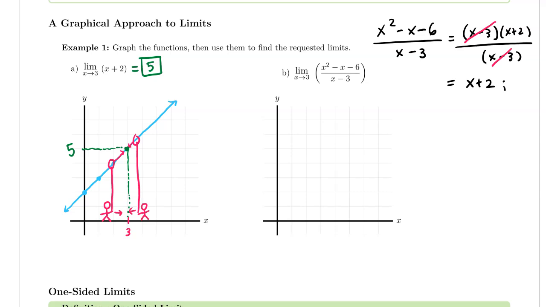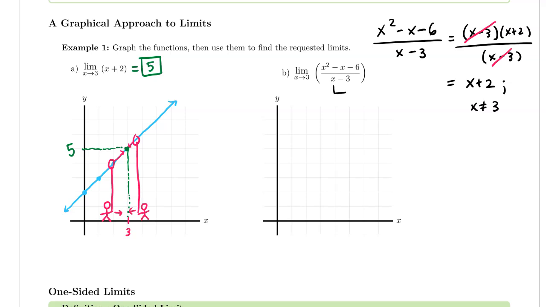Although something that's really important to note is that, in order for these functions to be equal, they must have the same domain. And so we can't say that they're equal unless we make the caveat that x cannot equal 3, because that x value of 3 was not included in the domain of that original function.